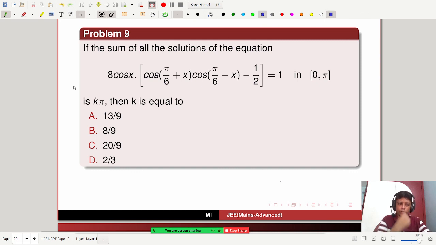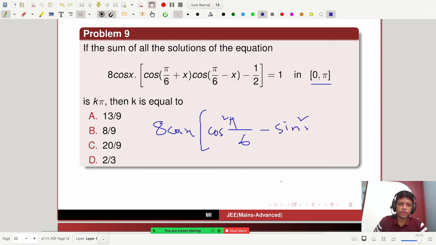The sum of all the solutions of this equation in 0 to pi is k pi, where you have to find out what k is. So you have 8 cos x, cos pi by 6 plus x, cos pi by 6 minus x equal to 1. You can apply compound angles: cos square pi by 6 minus sin square x, minus half, equal to 1.